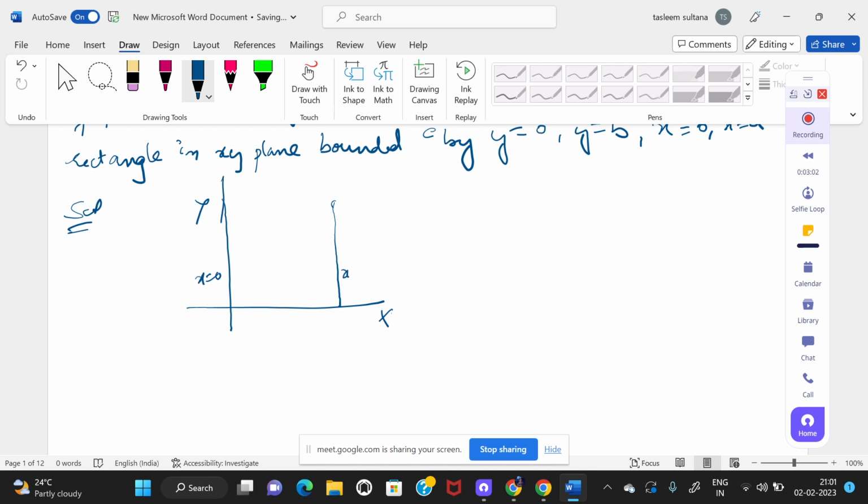This is your x is equal to a, which is parallel to your y axis. And this horizontal line that you are seeing is where y will be equal to 0. And that y is equal to b will be somewhere here. But it came like a square, not like a rectangle.